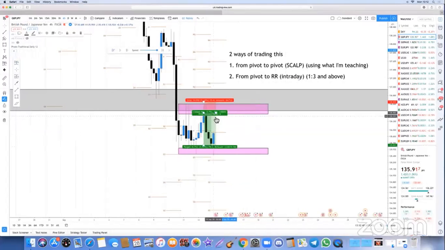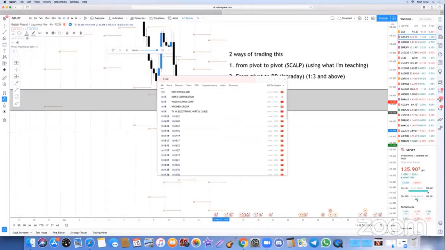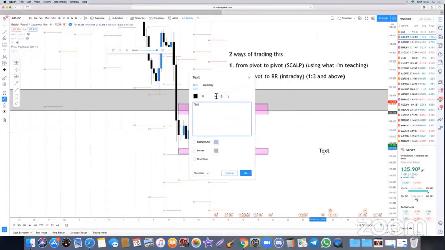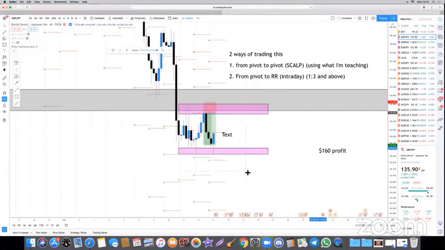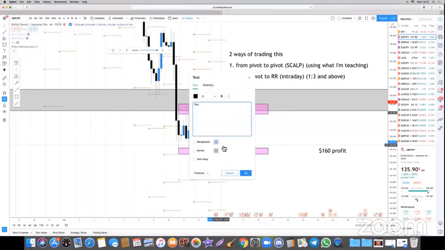The first trade was a scalp, you would have won $160. The second trade was different. Let me explain. This first scalp was $160 profit. This second trade here was $300 profit.